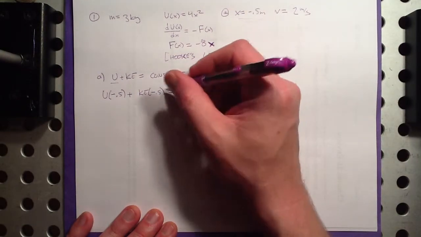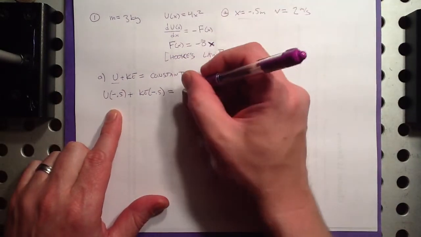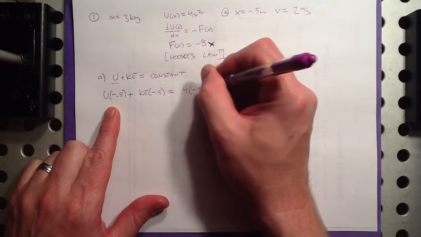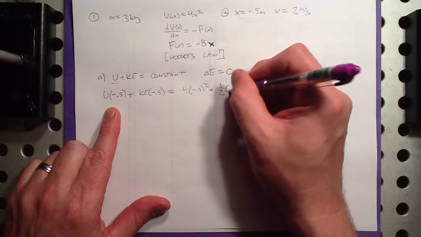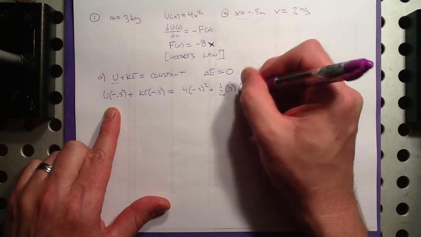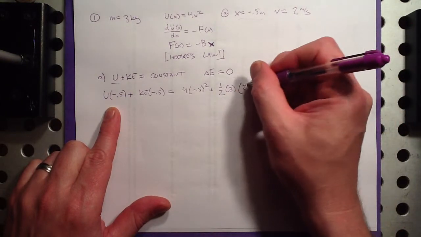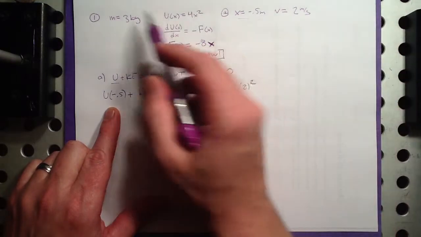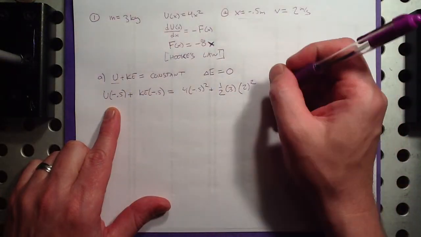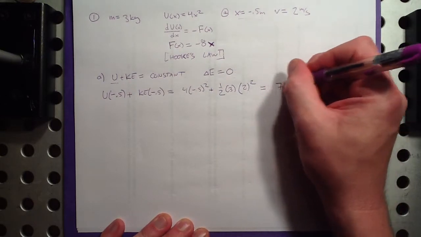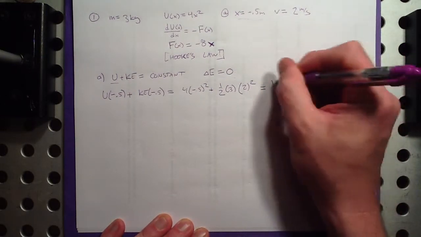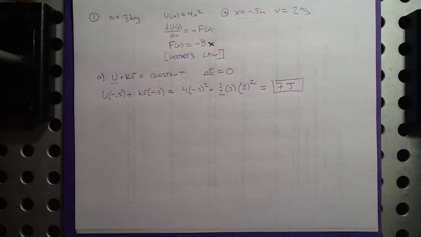So let's see if we can figure that out. So 4 times negative 0.5 squared plus 1/2 mass times velocity squared. There's the mass, that's the velocity. That gives me a total of 7 joules. That's the total energy at any time.